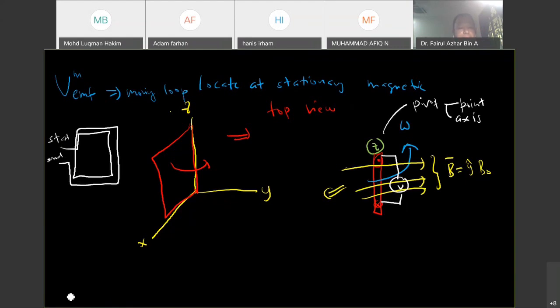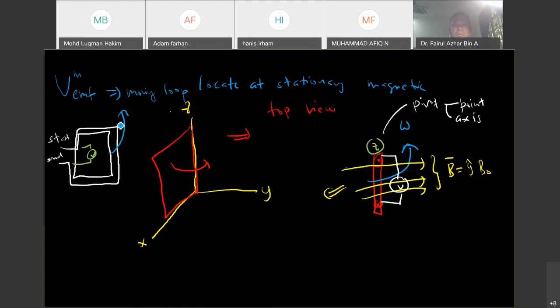When we put a voltmeter across these terminals, we will have a certain potential difference. This potential difference exists because we have a moving loop located inside a stationary field, and the voltage that we have here we call the motional electromotive force.